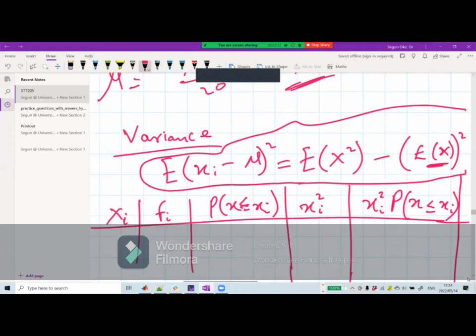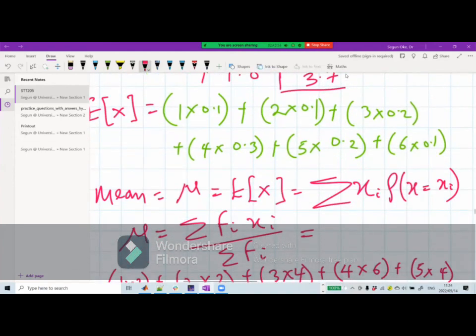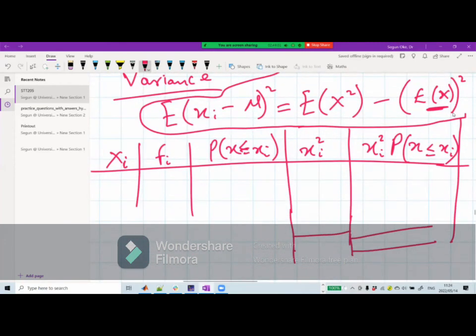The answer for this one is here, 3.7. Just say 3.7 squared. That is what you need from here.